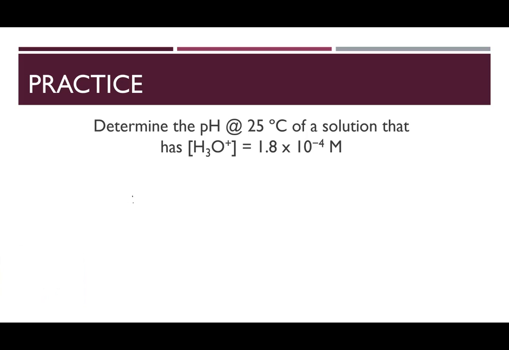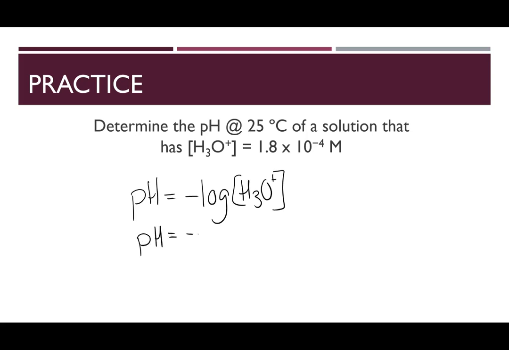All right, so pH equals negative log of hydronium concentration. So pH equals negative log of 1.8 times 10 to the negative 4th.